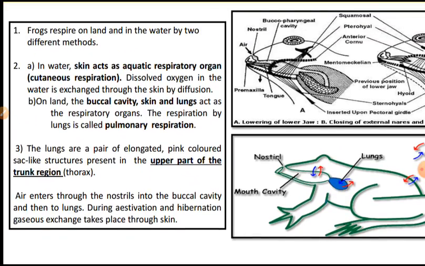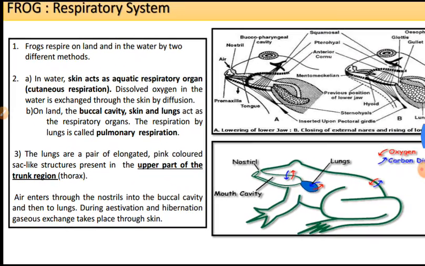Then we have seen the respiratory system. A quick recap of the respiratory system will do. As you know, frogs are amphibious. They have an aquatic respiratory system and a land or lung, pulmonary, respiratory system.